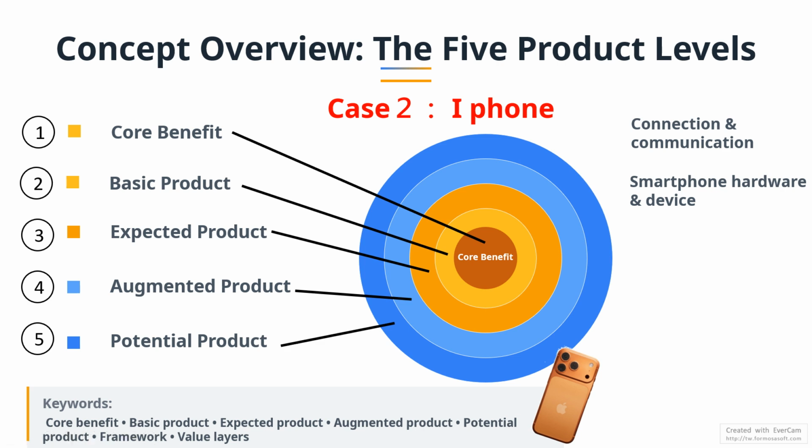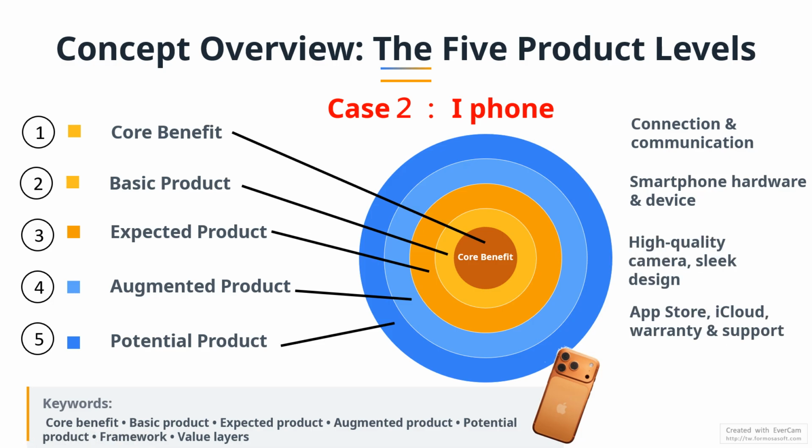The third, what is the expected product of iPhone? It's high quality camera, sleek design. So the fourth, augmented product, is App Store, iCloud, warranty, support. Finally, potential product of iPhone is AI integration, AR features, future innovations, like that.